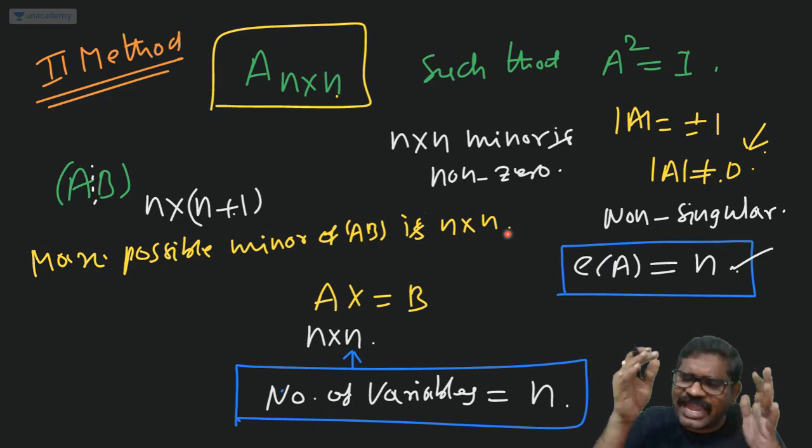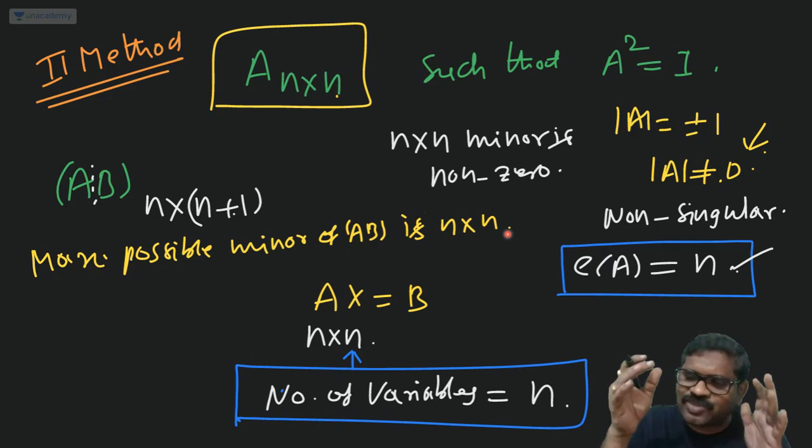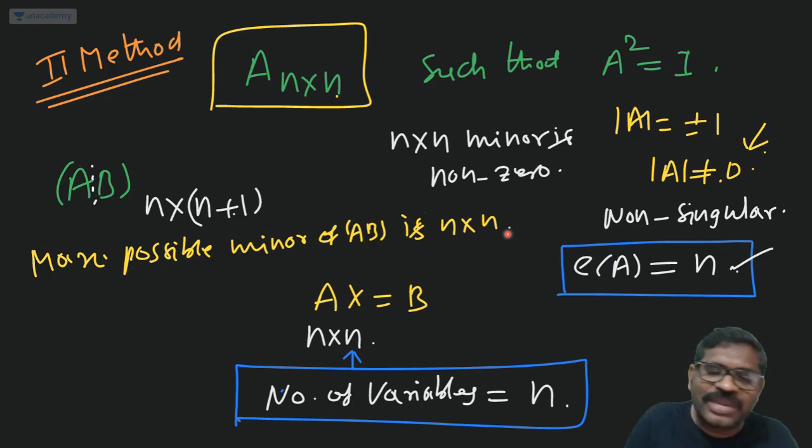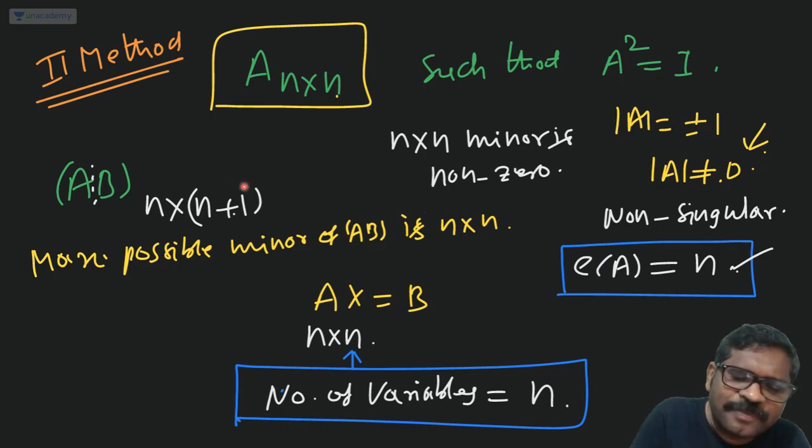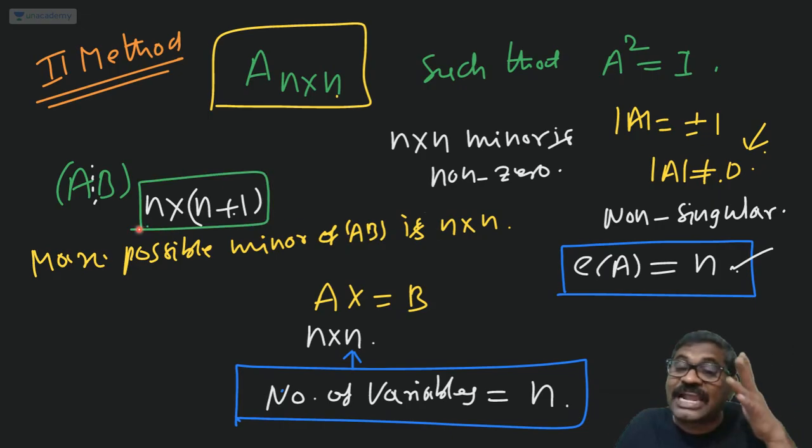In an n cross n plus 1 matrix, how many n cross n minors do you have? Yesterday I explained one formula also.